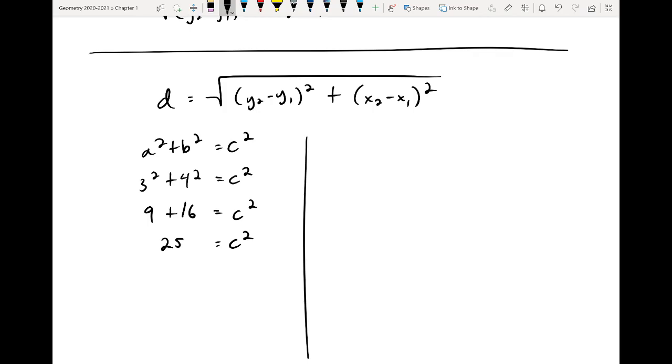Now we need to solve. We're going to take the square root of both sides, right? And we get that the square root of 25 is 5, and the square root of c squared is just c. And gentlemen, we don't need to worry about plus minus. The reason why? Well, you're not going to get a negative value. It doesn't make any sense there. You're not going to have a negative distance. I don't know what that would mean for a triangle to have a length of -5.